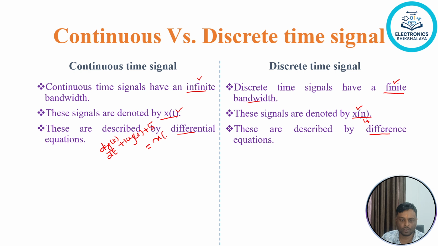A difference equation is described in terms of n, for example, y of n minus 3 y of n minus 1 plus 4 y of n minus 2 equals x of n.